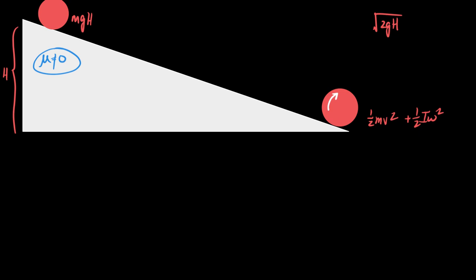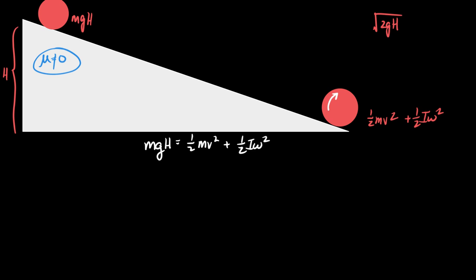Still mgh, right? The difference is now the amount of energy the block has at the bottom, or whatever the rolly thing is at the bottom, that energy is now split up. Some of it is rotational kinetic energy, and some of it is translational kinetic energy. It will be slower at the bottom because it had to divide up the energy.